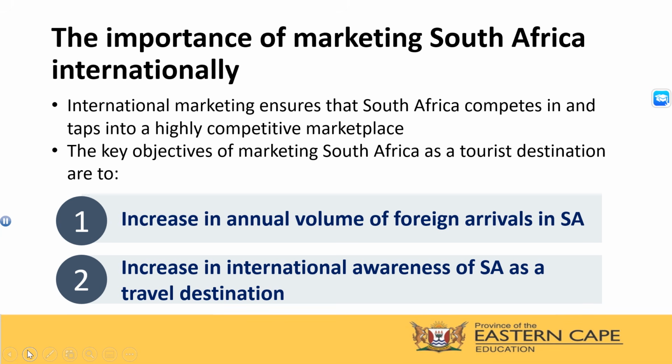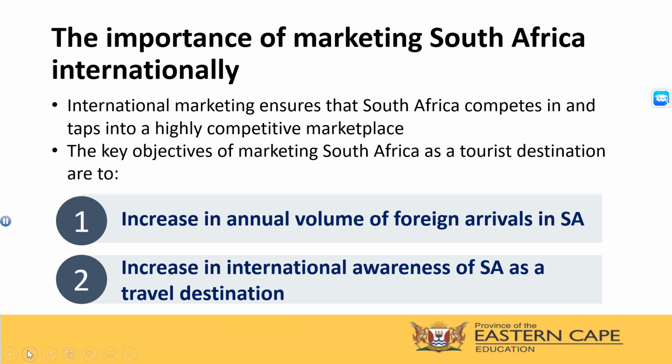So therefore we can say that South Africa is known as a long-haul destination. It does make the marketplace very competitive, because if you bear in mind, these extremely long flights also end up being extremely expensive flights.